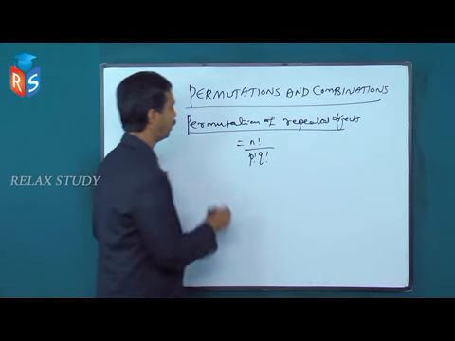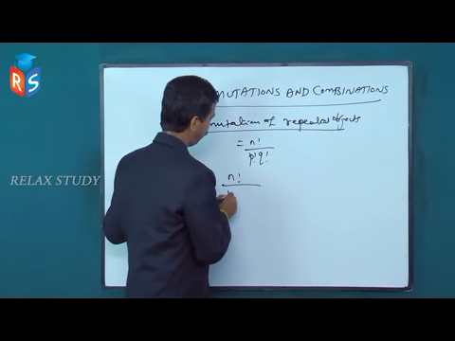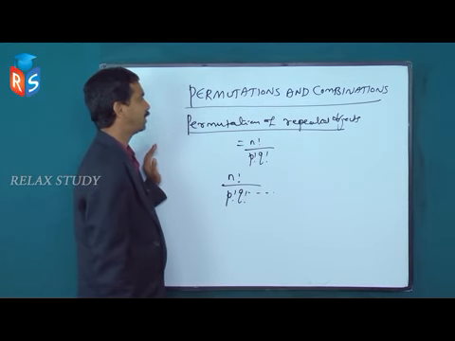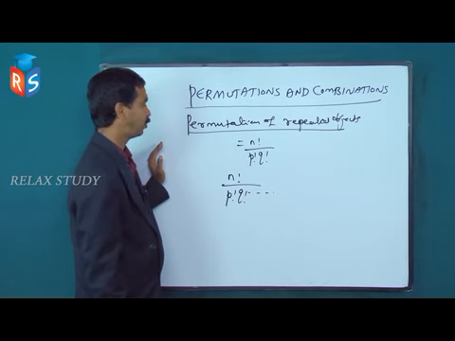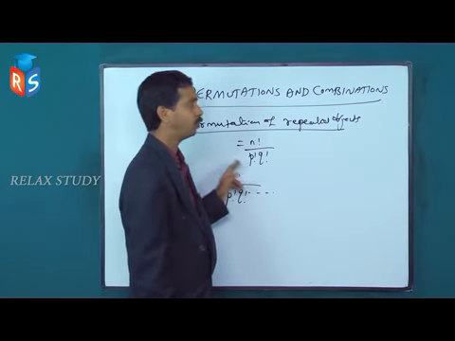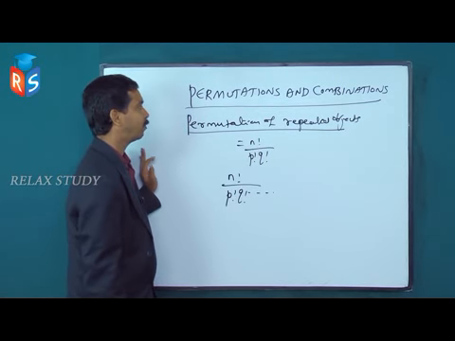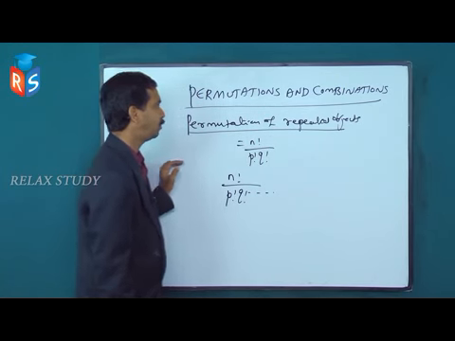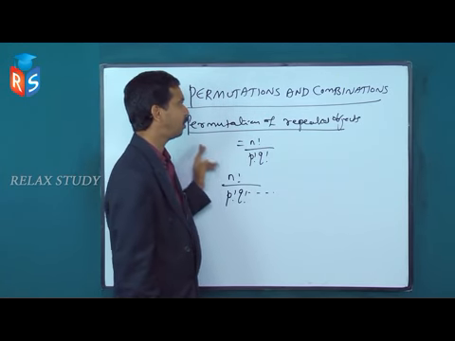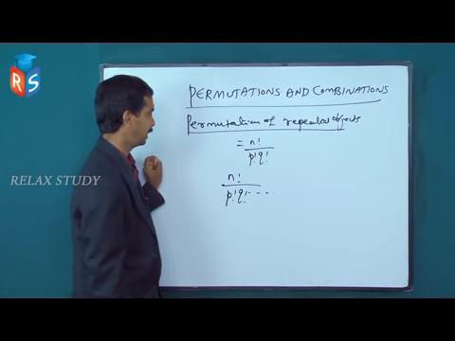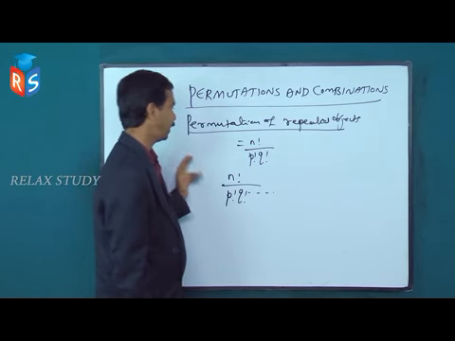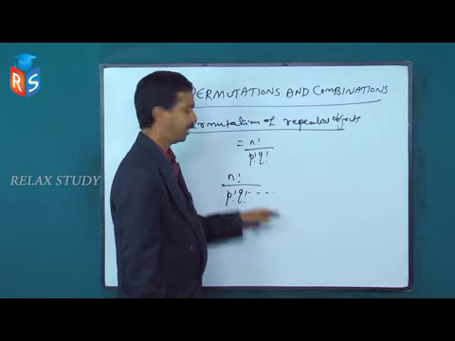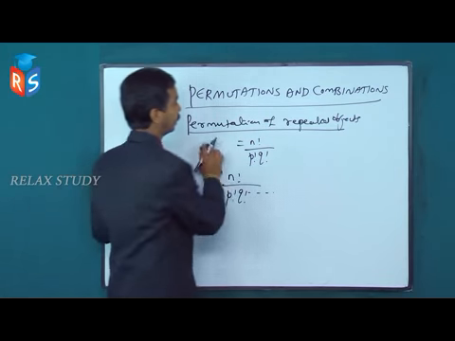We have the extended formula also, n factorial by p factorial, q factorial, etc. So the permutation of repeated objects equals n factorial by p factorial into q factorial. This is the number of permutations of n objects taken all at a time when p of them are alike of the first kind and q of them are alike of the second kind. If extended, we get n factorial by p factorial into q factorial into r factorial, etc.